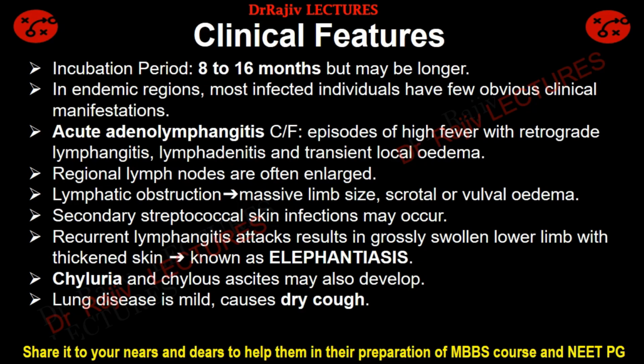Retrograde lymphangitis refers to the inflammation spreading in the opposite direction to the normal lymph flow. Regional lymph nodes are often enlarged and lymphatic channels become indurated and inflamed. Concomitant local thrombophlebitis may occur as well. Occasionally, in thin persons, adult worms may be felt subcutaneously.